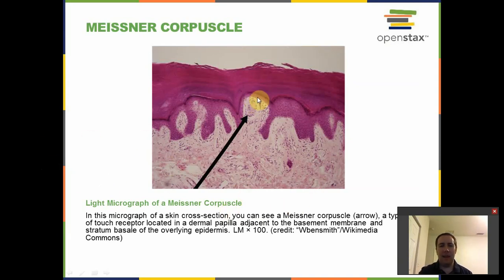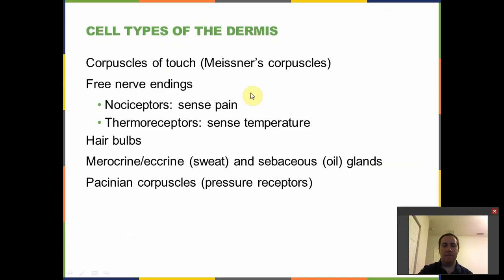It is sitting down here in the very uppermost part of the dermis, which is a little ways into your skin. That's why it only kicks in if you start to put more pressure on. If you just set your hand on something, your skin's not going to push in enough to cause the Meissner corpuscle to feel it.